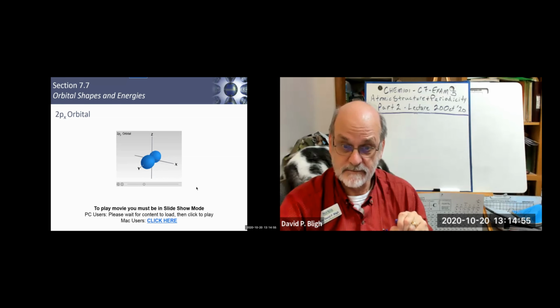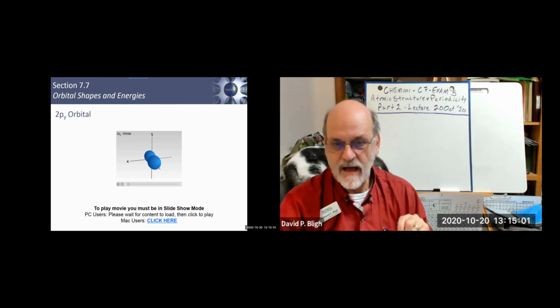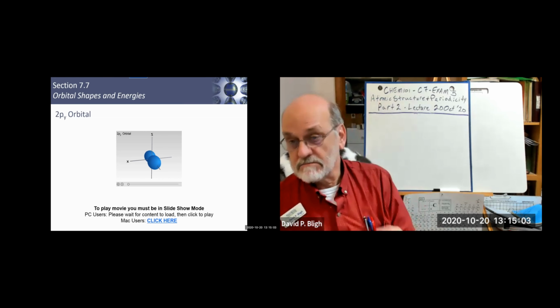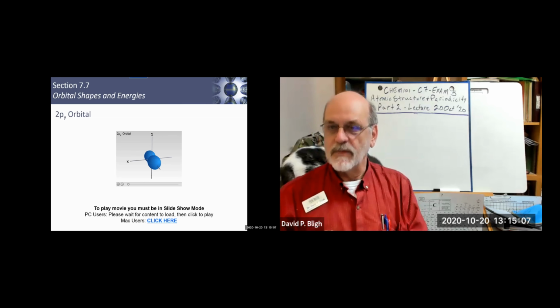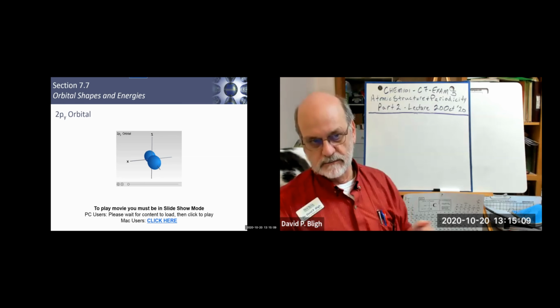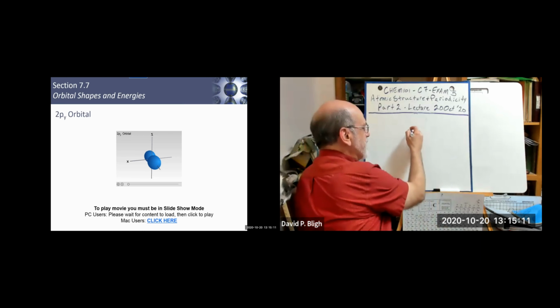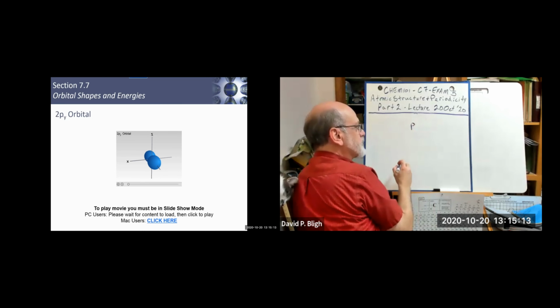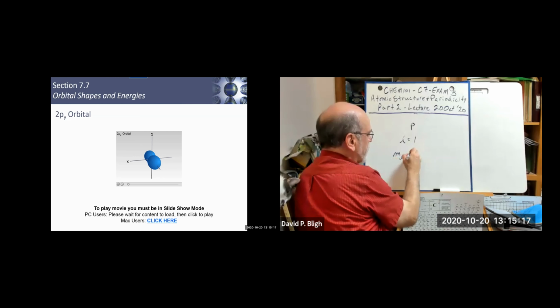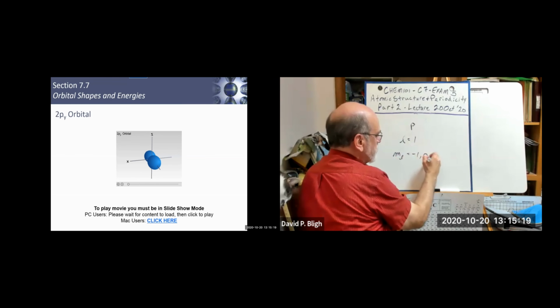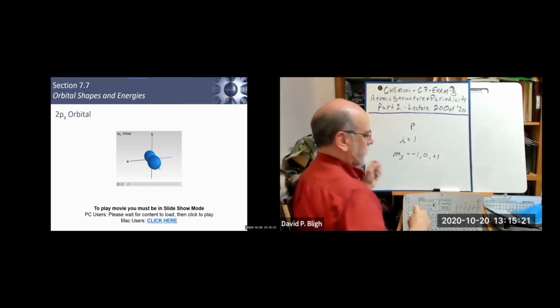The 2py orbital is in the shape of a figure 8 along the y-axis. Now why are we getting the same shape of orbital in a different direction? Because of the m sub L number. Remember, the p refers to L equals 1, and m sub L then is equal to -1, 0, plus 1.